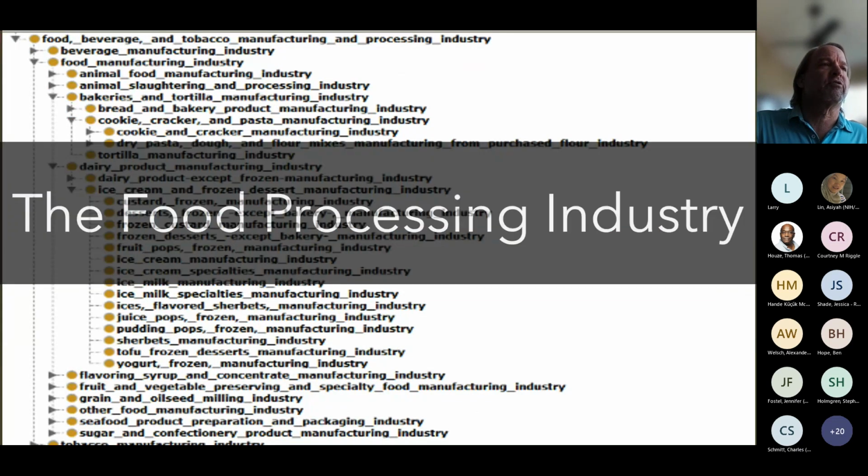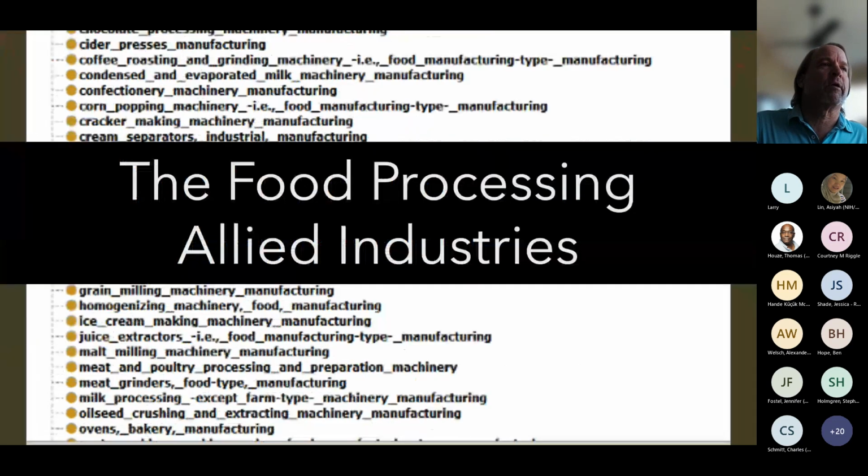And we also have a burgeoning vocabulary around allied industries related to food processing. So in this case, you're seeing a graphic here of makers of machinery for making food, because these are also food system actors.